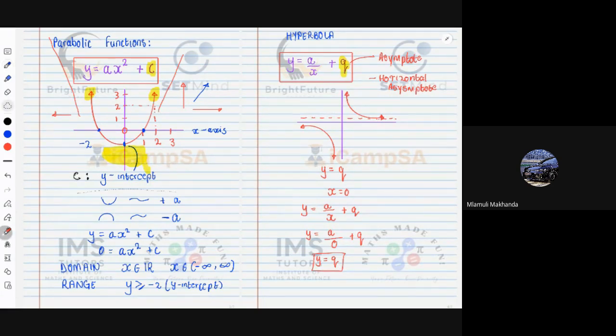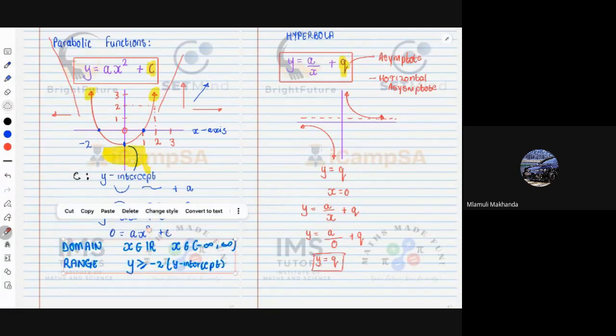And another way that we can represent it, let me see if I can move this thing just a little bit so that I can also include another representation for the range of the parabolic function.